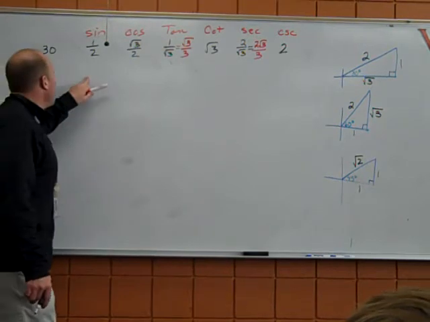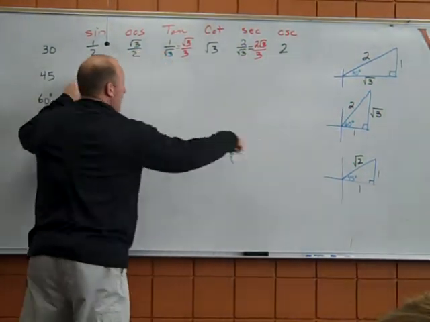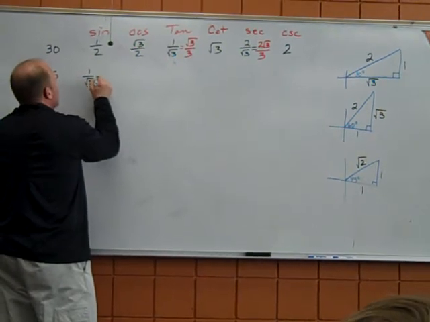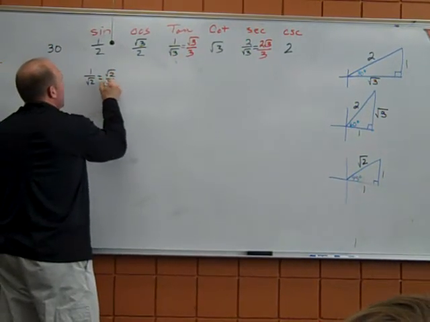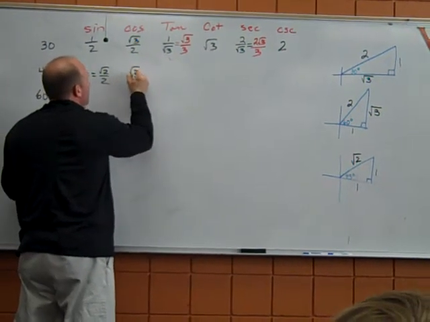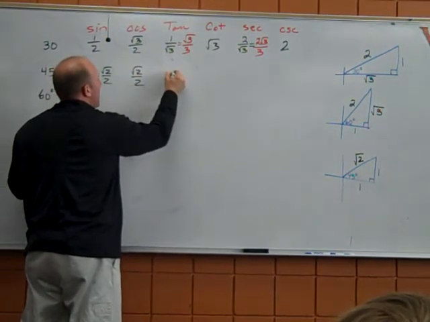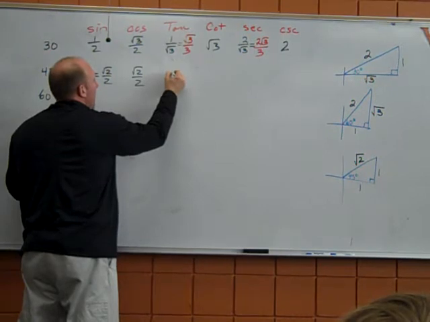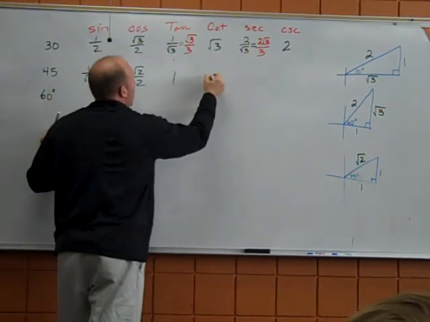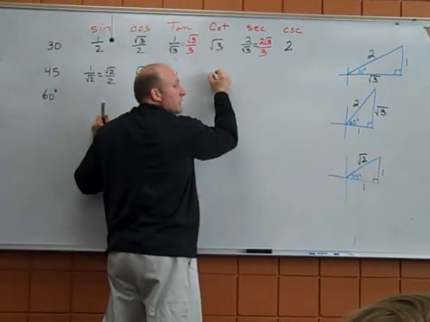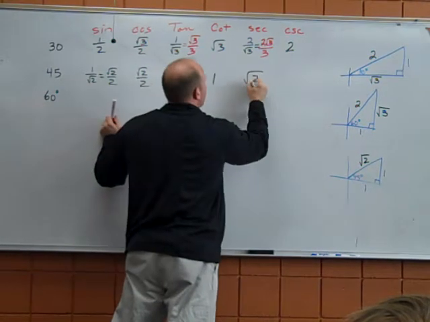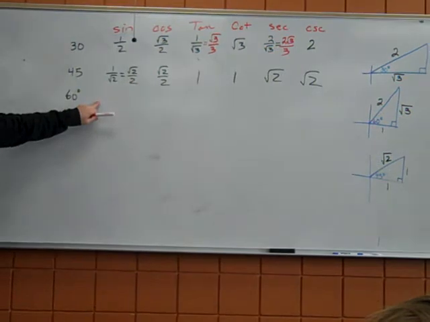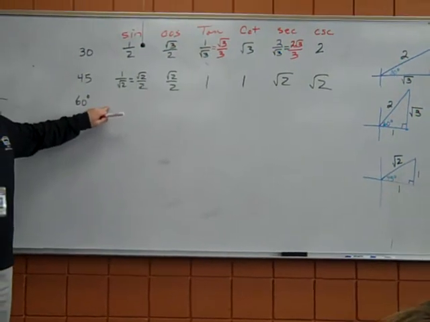Okay, let's do 45. Sine would be 1 over radical 2, which is what? Radical 2 over 2. Cosine is the same thing. Tangent. Cotangent, what's the flipper of 1? So I'm done. Bless you. Fill out 60, go.